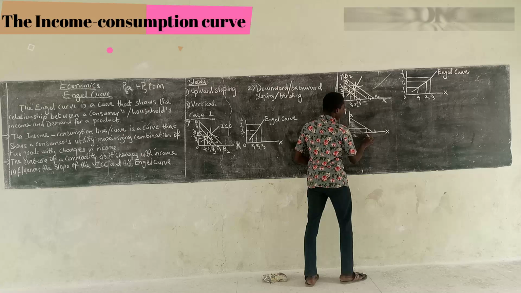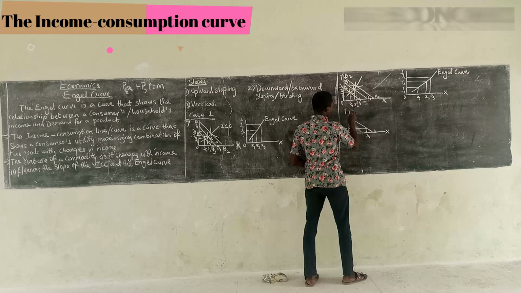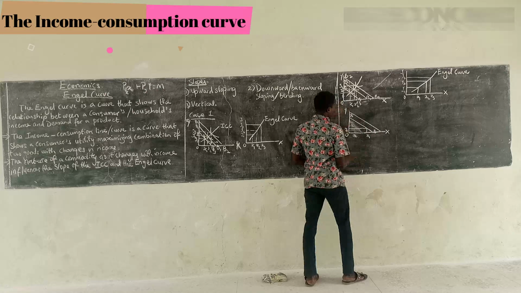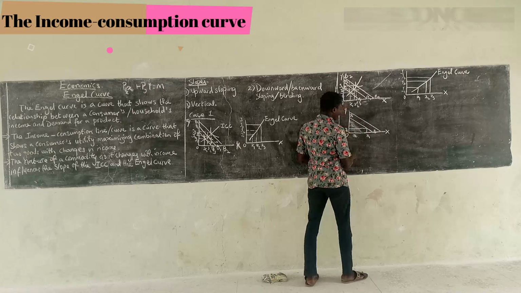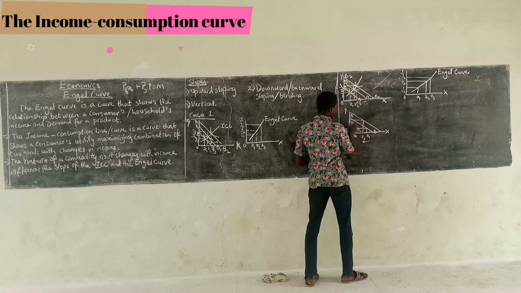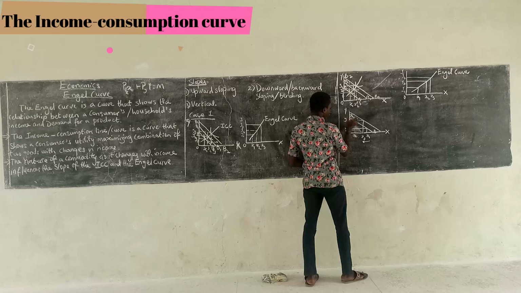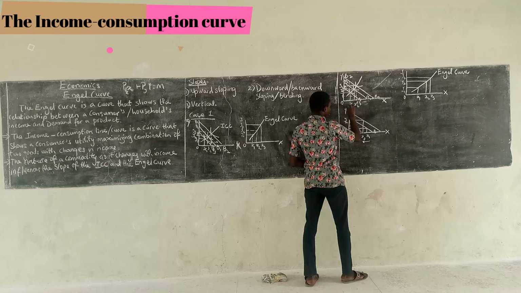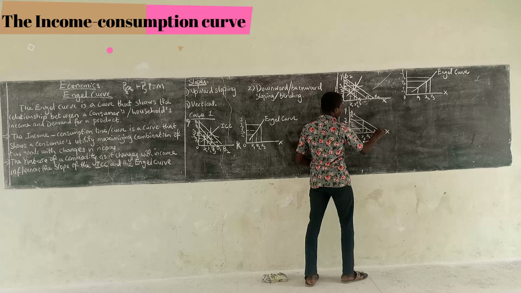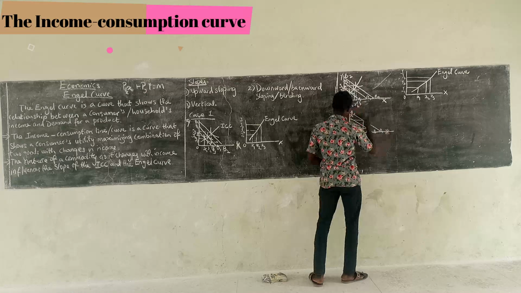So you have X1, Y1, and income rose, and this individual began to consume less of X, so it will be here. So you have X2, a reduction, and then consuming more of this product, Y2. This is B, this is B1.